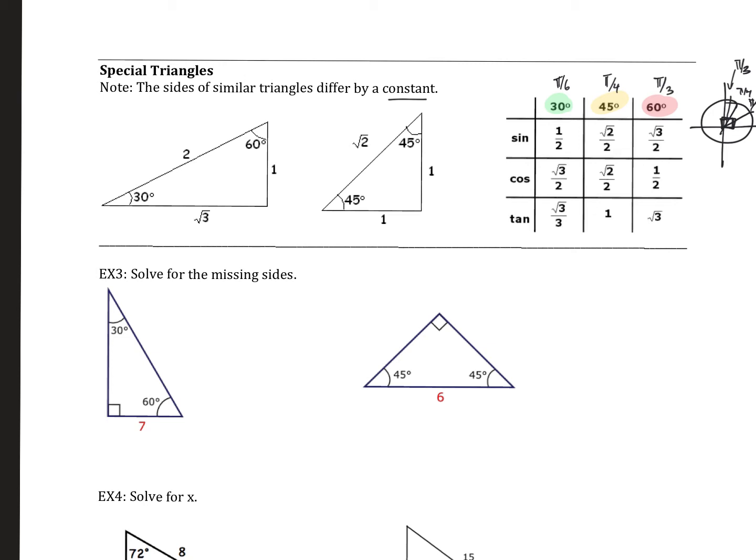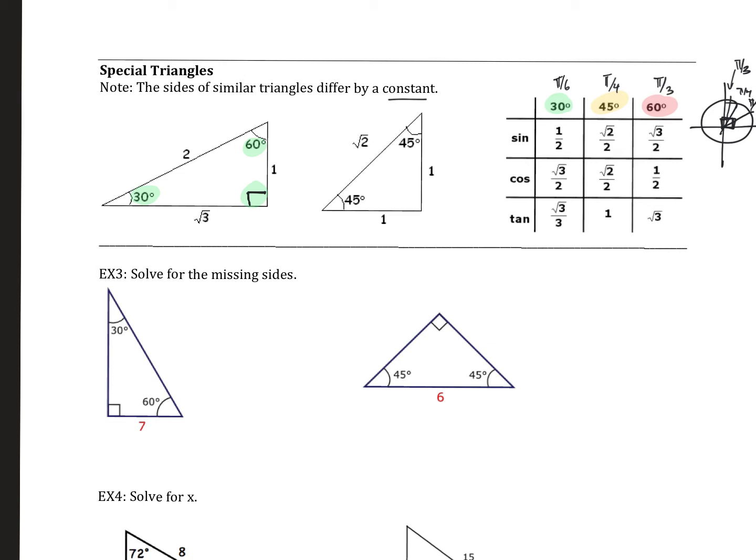So now when we look at these special triangles, if you have a triangle that is 30 degrees, 60 degrees, and, oh gosh, what's that? It doesn't tell me. That is 90 degrees. So if you have 30, 60, and 90, it's considered one of the special triangles. The question is, how did I know that was a 90-degree angle?